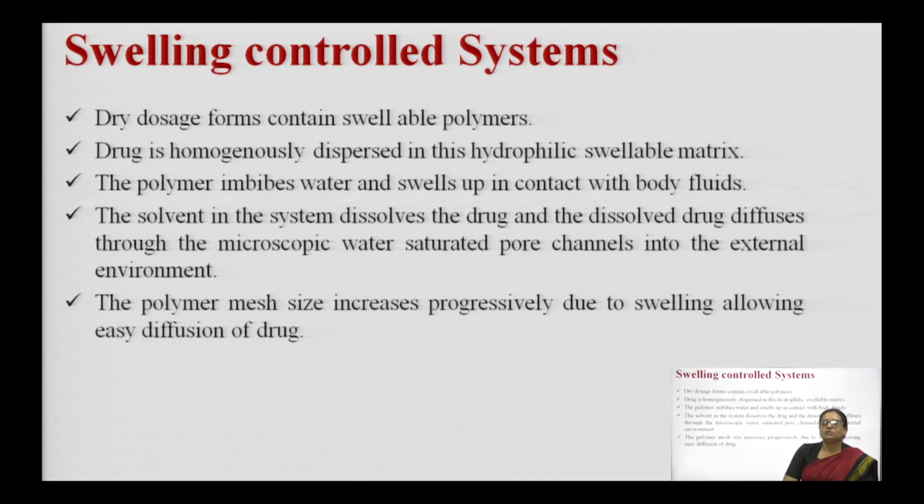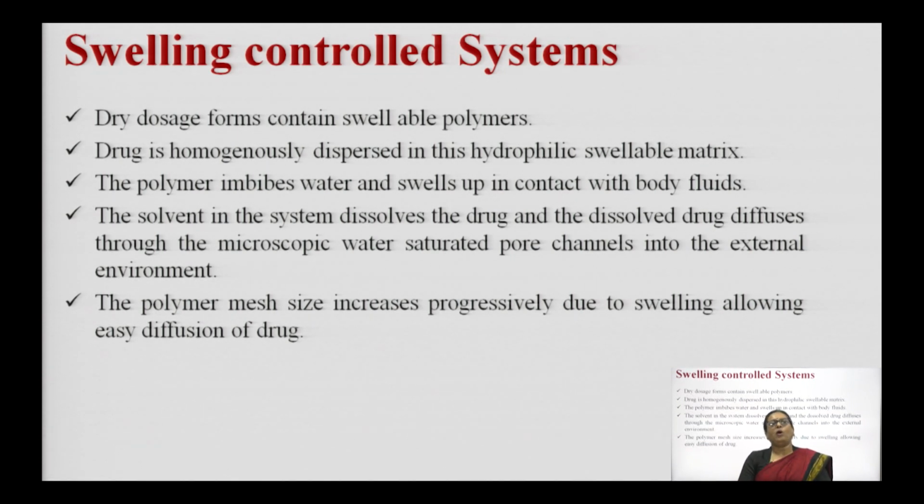Swelling controlled systems. These are basically dry dosage forms which contain a soluble polymer which is hydrophilic in nature, and the drug is homogeneously dispersed in this polymeric matrix. As this system comes in contact with water, the polymer will swell up or imbibe water.